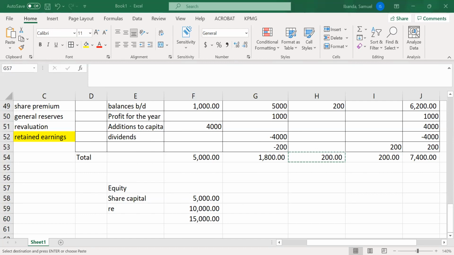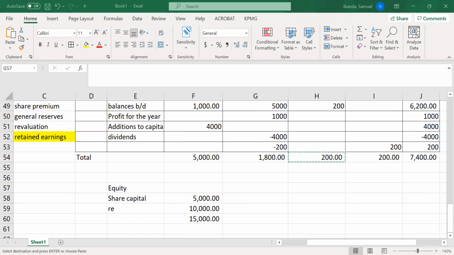Okay, so we didn't go into cases of changes in partnerships, which is also a key area that you need to be able to look at, because sometimes the examiner may not ask you just to prepare financial statements for partnerships. They can also ask you to cater for changes in partnerships.